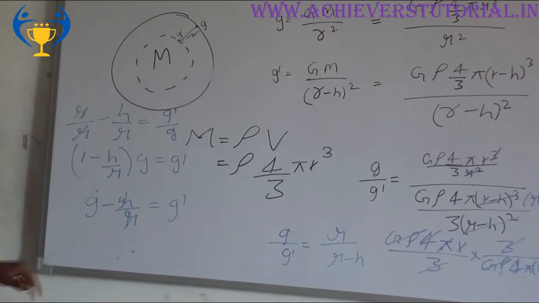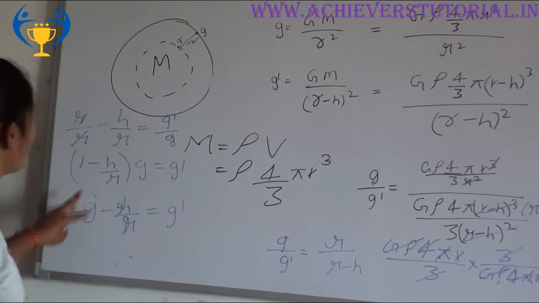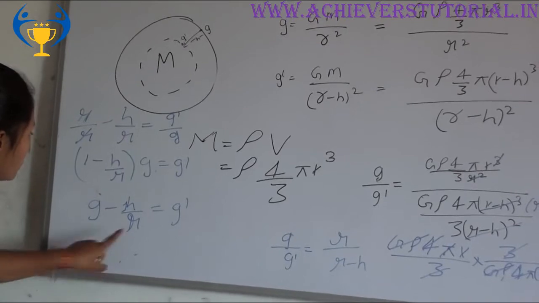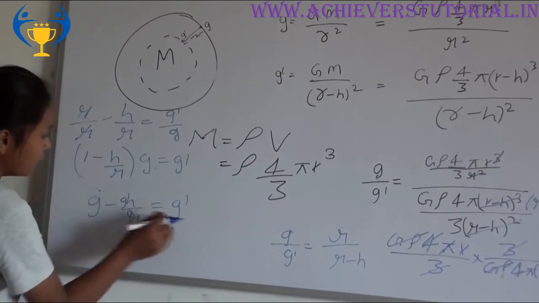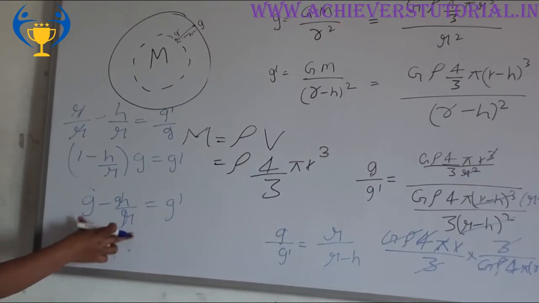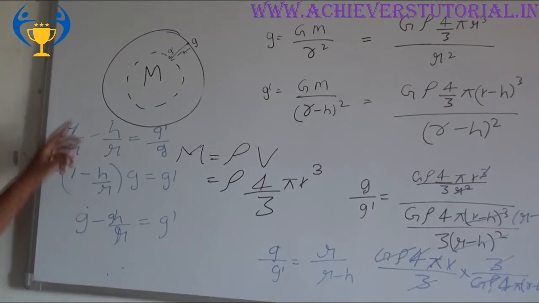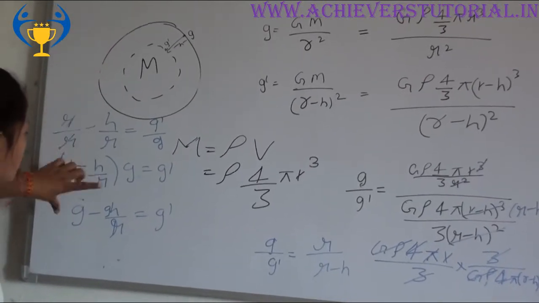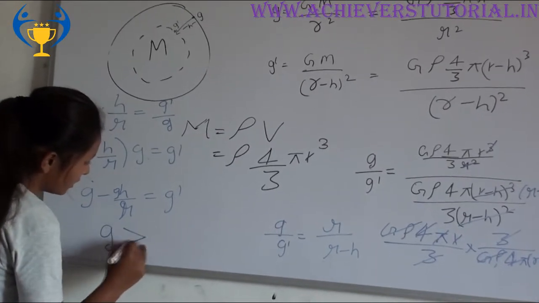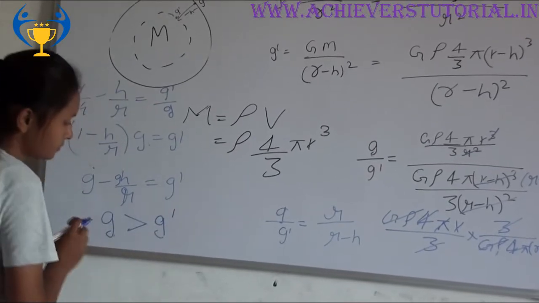As we can see here, the value of g at some depth equals the value of g at surface minus some value. This shows that the g at the surface is greater than the g at some depth.